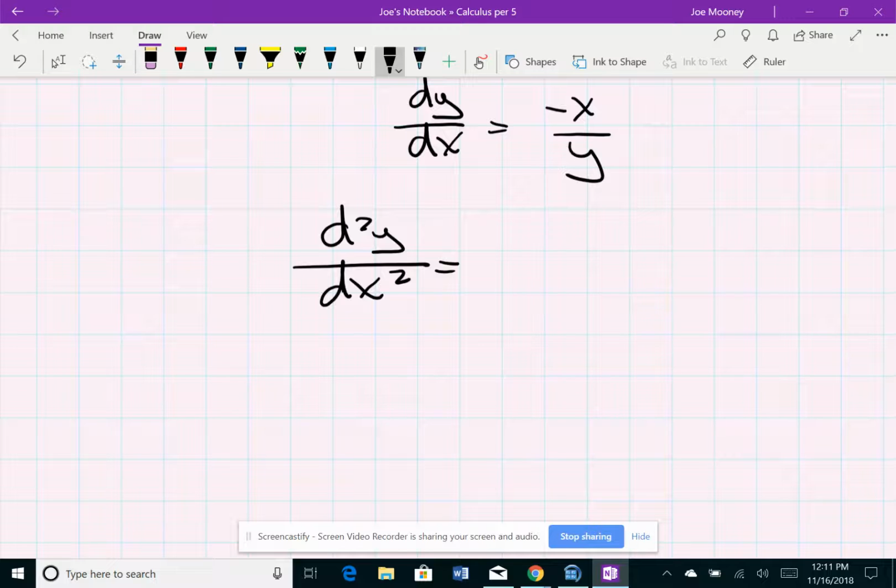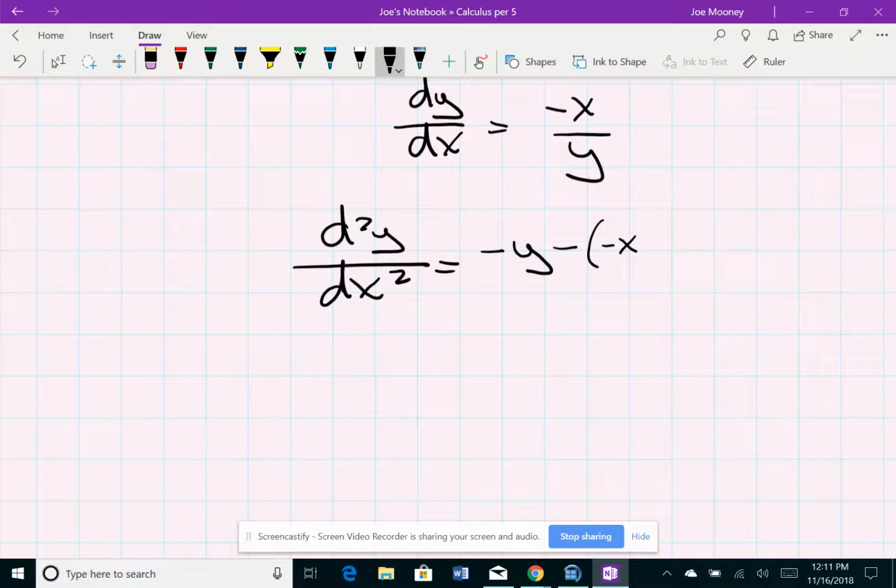Now let's use the quotient rule. So derivative of the numerator is negative 1 times the denominator, minus, leave the numerator, times the derivative of the denominator.